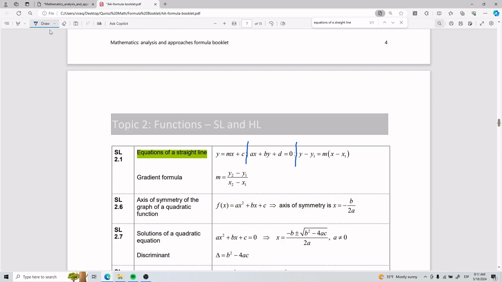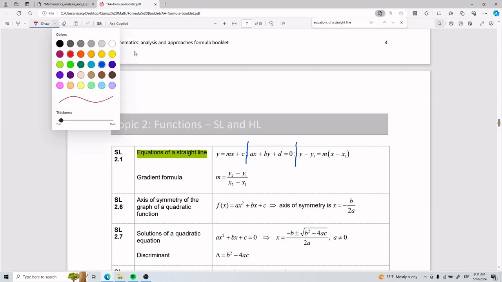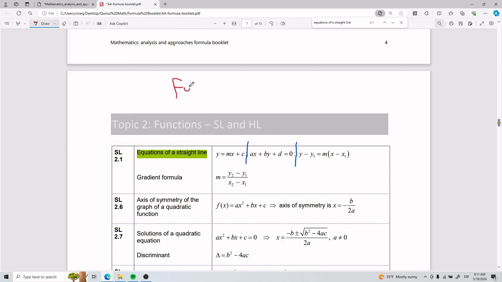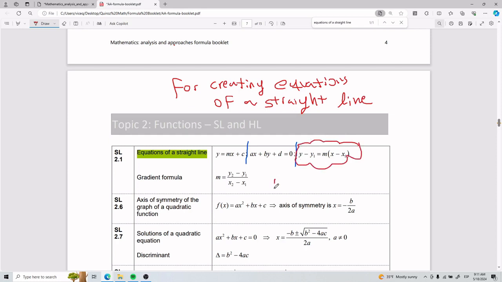But my suggestion and what I want you to really put into your brain is that for creating equations of a straight line, the one you're going to pretty much always use is this one. This one is called the point slope formula.